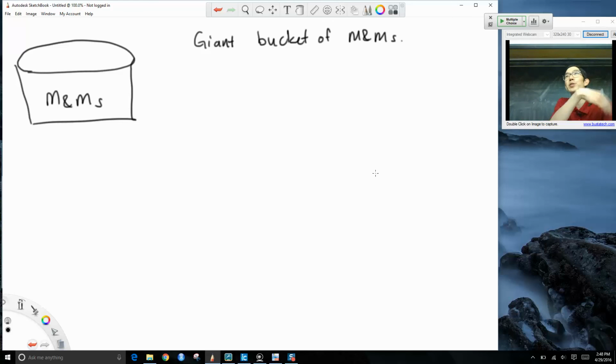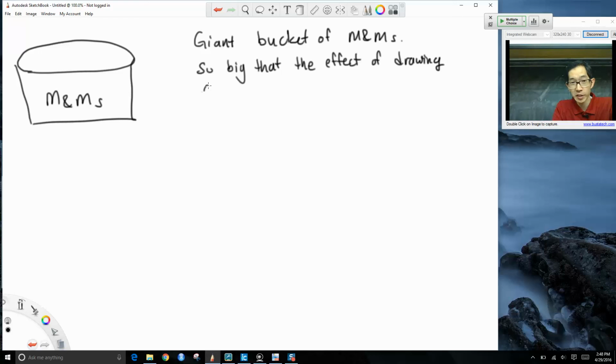And so the remaining probability is affected. But we're going to say this thing is so big that when I draw a piece of candy out and it's red or not red or whatever it is, the effect that it has is negligible. So we'll say it's so big that the effect of drawing a sample is negligible.